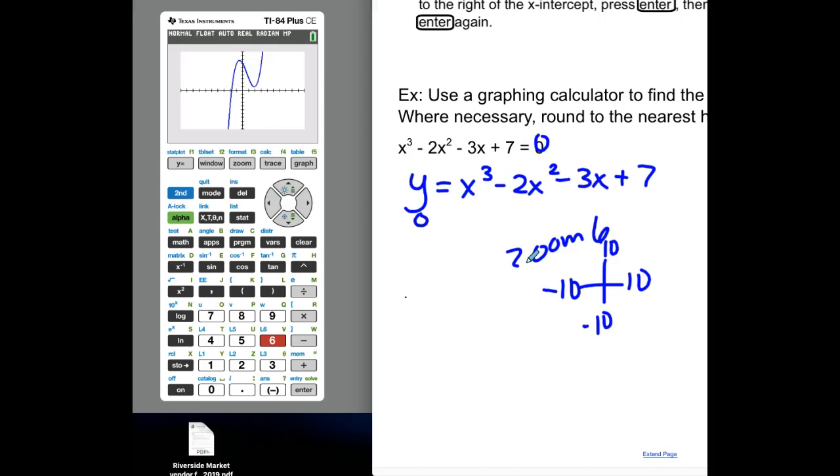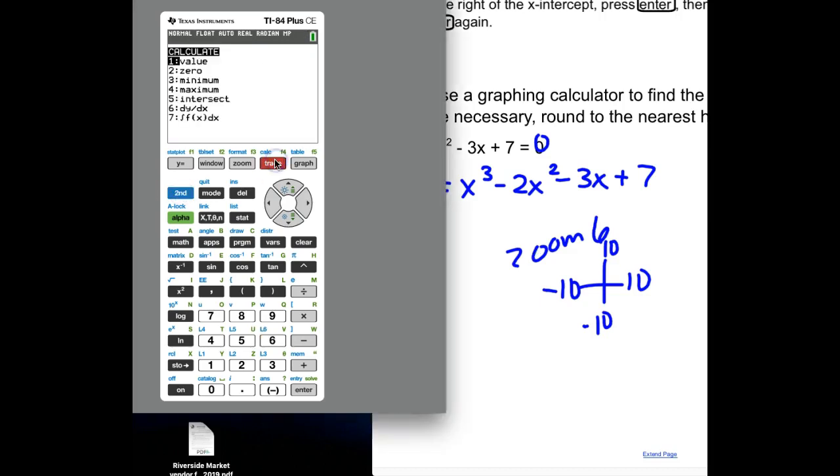But looking at this picture, it's telling me to find the zeros. It's a typical x cubed graph, and it is only crossing the x-axis in one spot. So looks like a good window. I'm seeing what I need to see. I'm going to do second trace. This time I'm choosing a number 2, finding a 0. Now I have to always lock in the left side first.